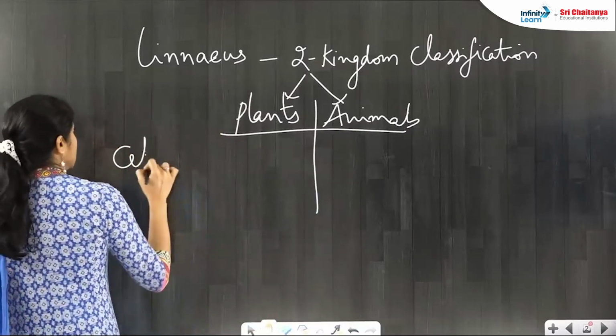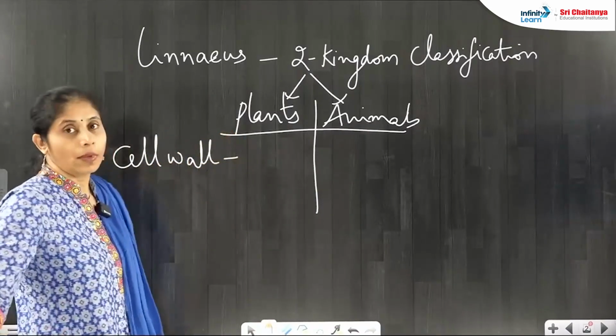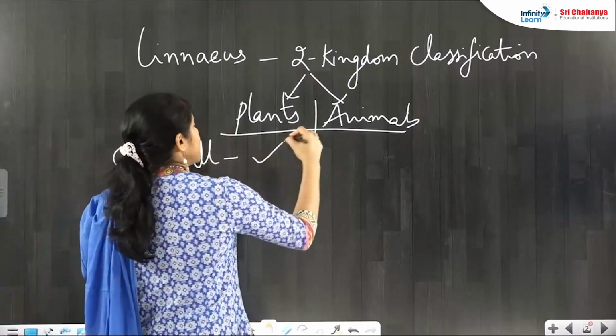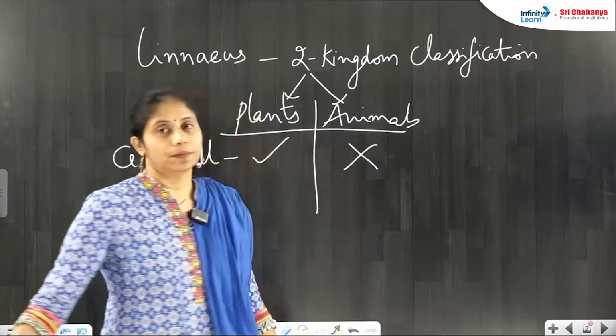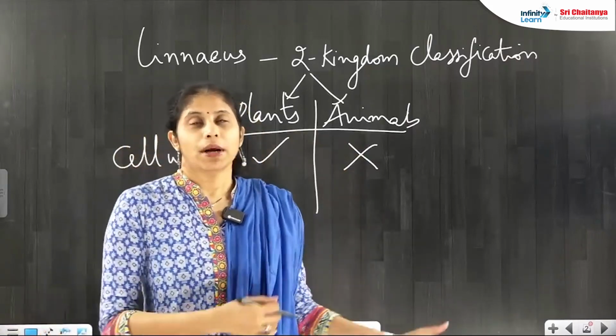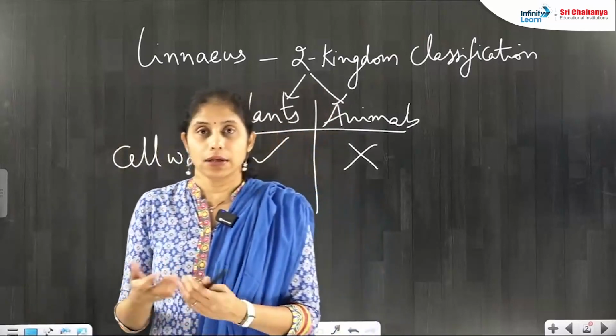The point which they considered was the cell wall, whether it is present or absent. You know that plant cells have the cell wall and animal cells don't have the cell wall. This classification was very easy and everybody could understand it.